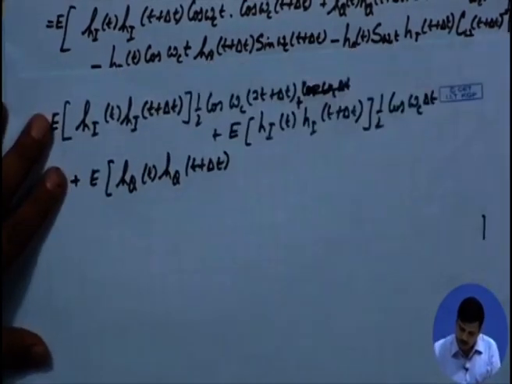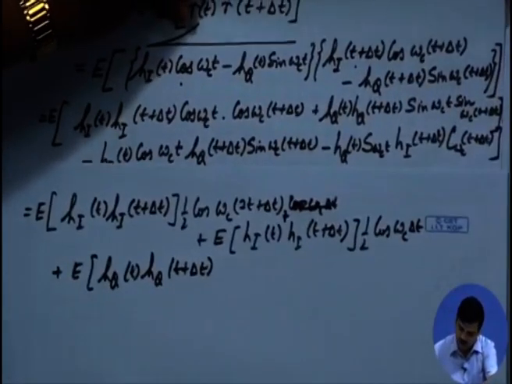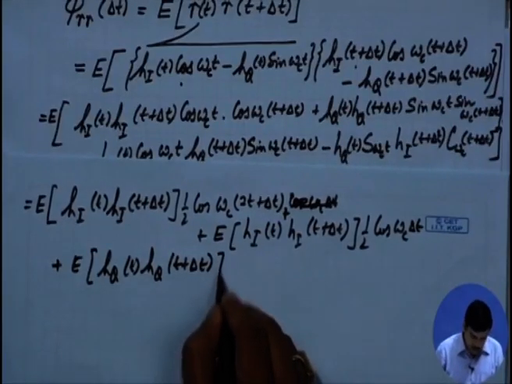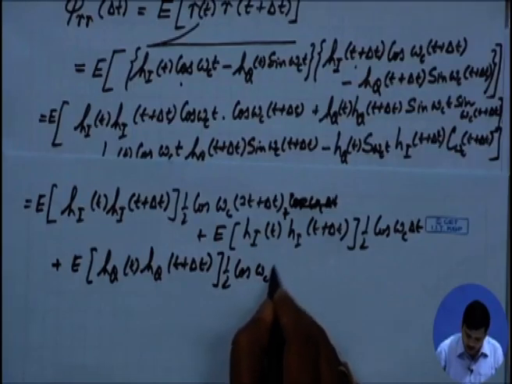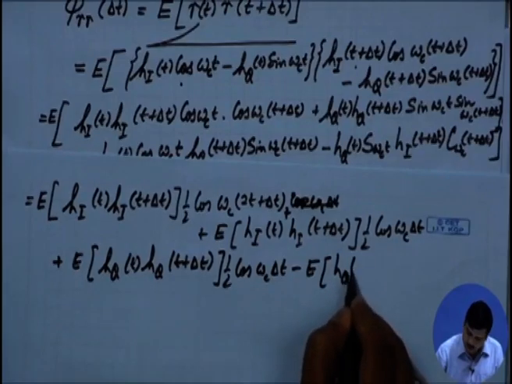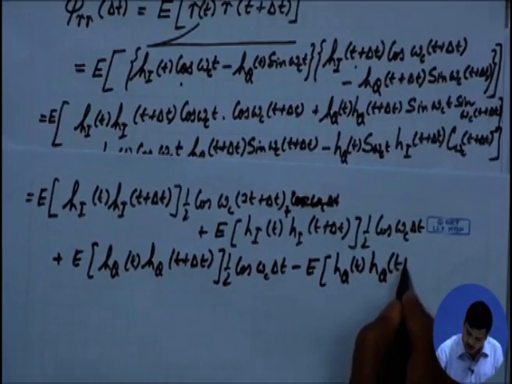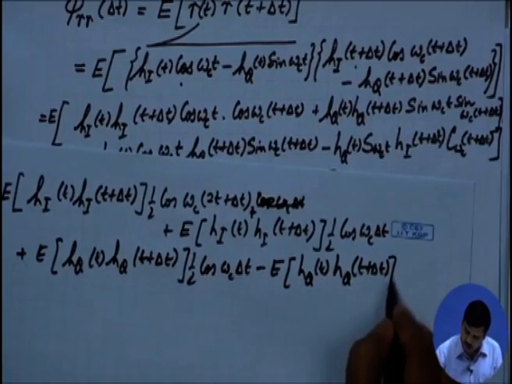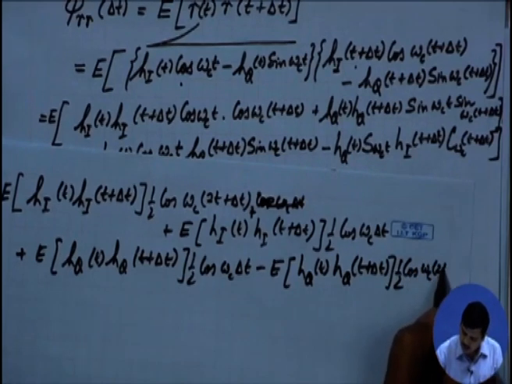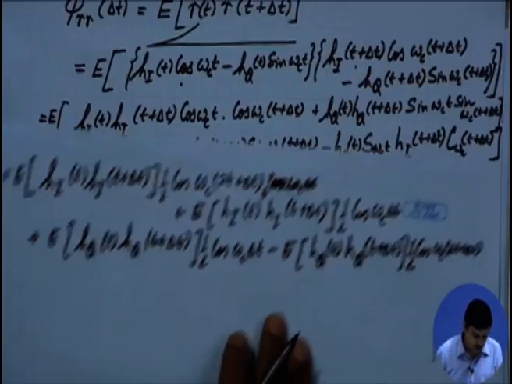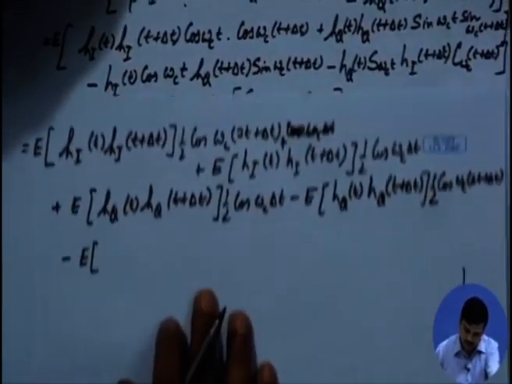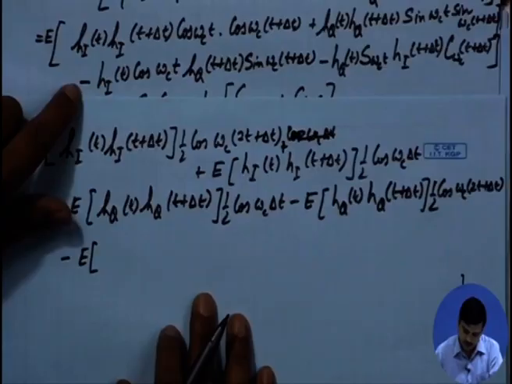I am covering this up so that we can follow from whatever was in the previous lines, into half cos omega c delta t minus E of hq of t, hq of t plus delta t times half cos omega c 2t plus delta t, and then we continue to have minus sign because of this minus expression.